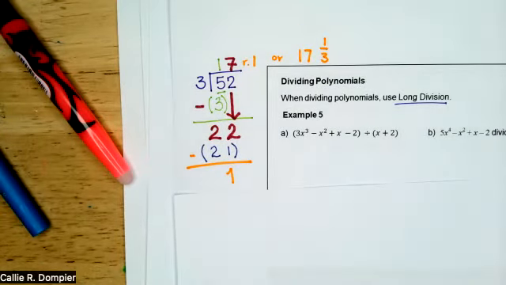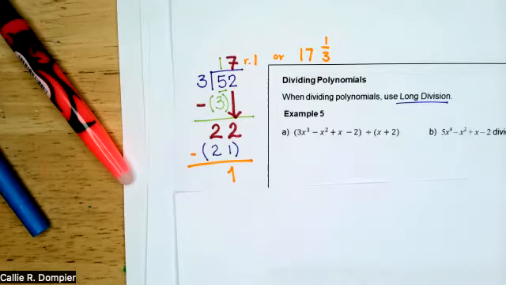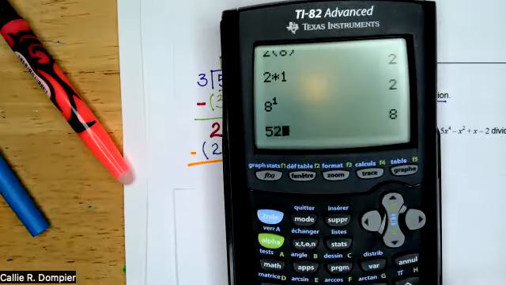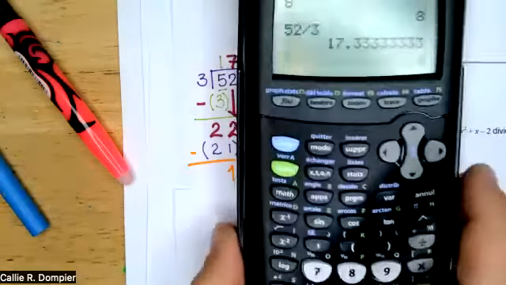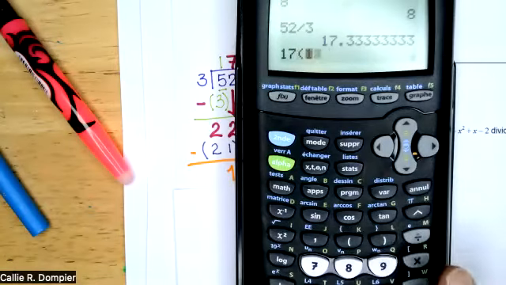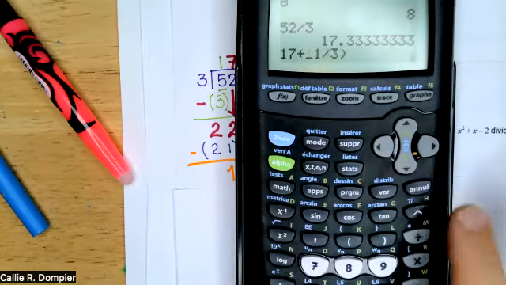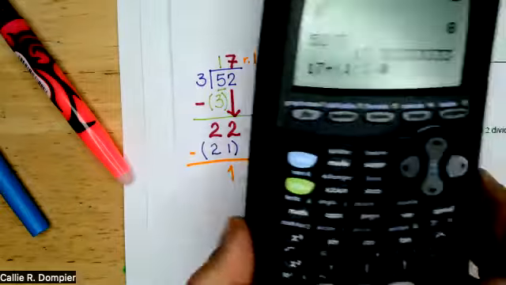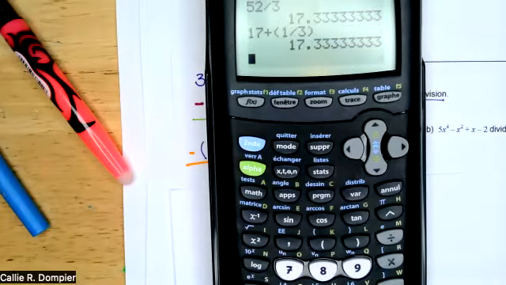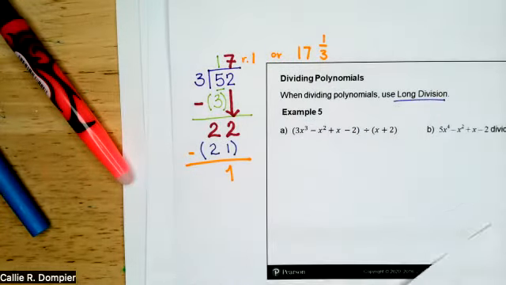So you can put the remainder over what you were originally dividing by. 52 divided by 3 is 17 and 1/3, right? Those are "and," not multiply. 17 and 1/3 is the same. So your remainder goes over what you were dividing it by. So basically that's long division.